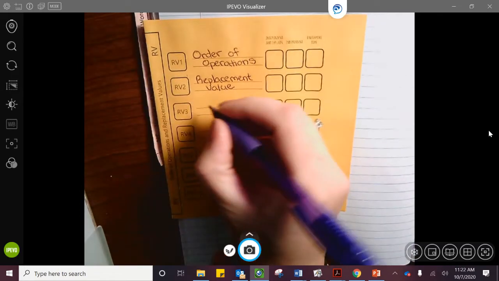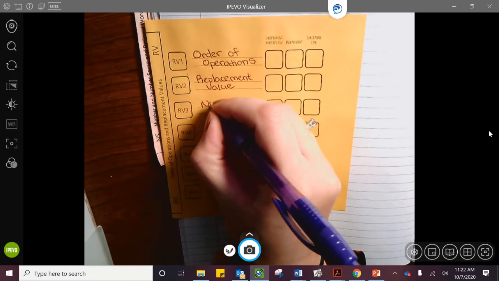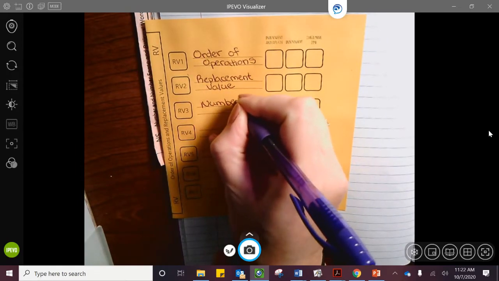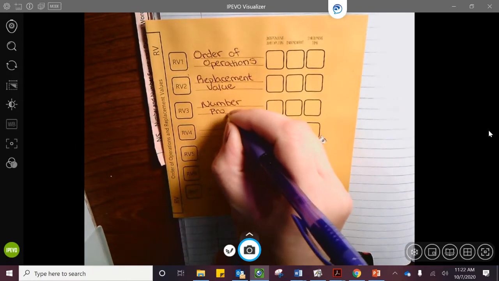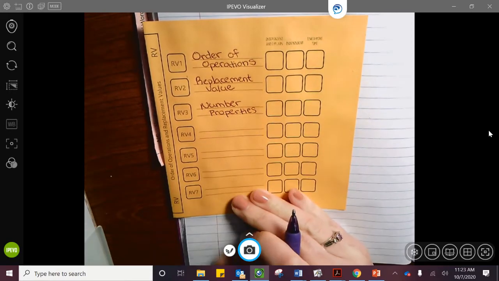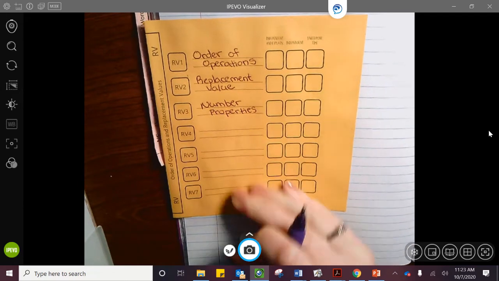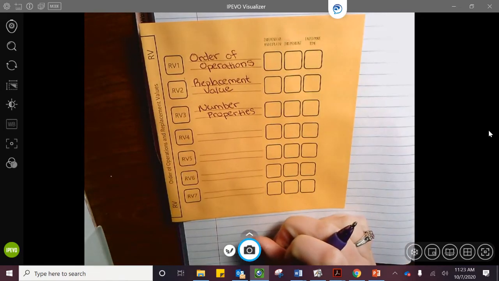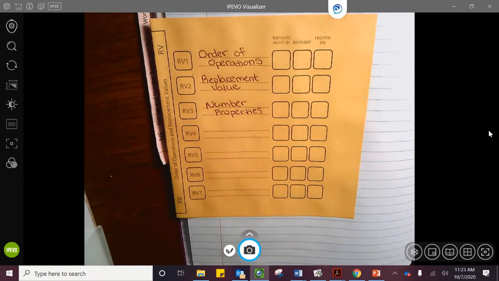And our third topic will be number properties. We will not be using the bottom 4 topics. We're just going to have 3 topics within this unit, so this will be a much shorter unit.